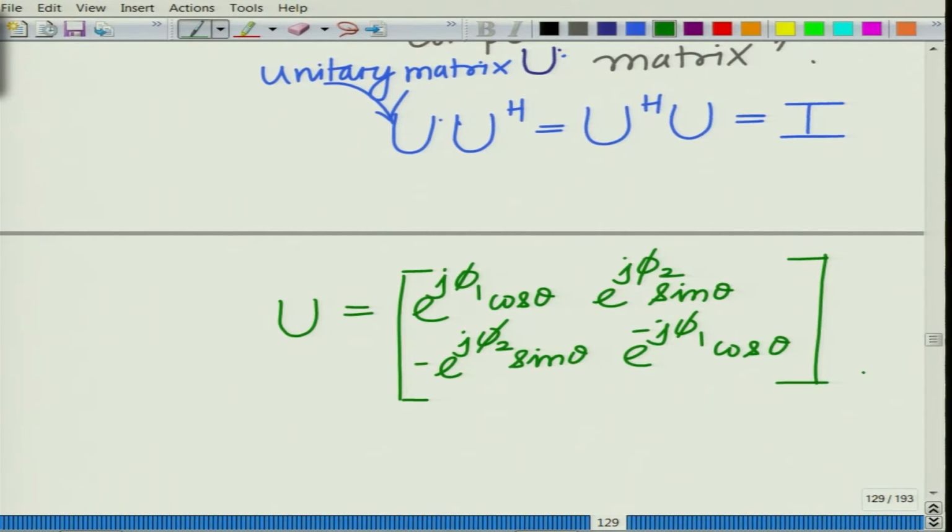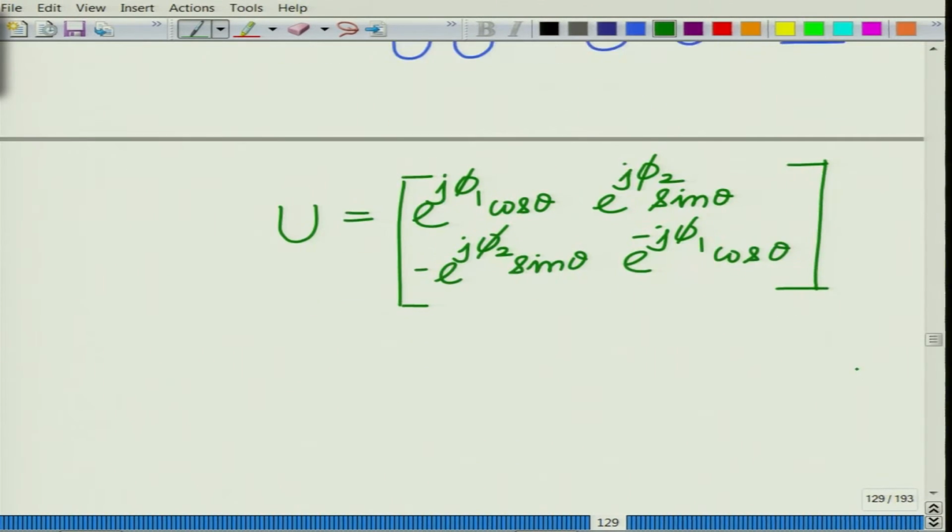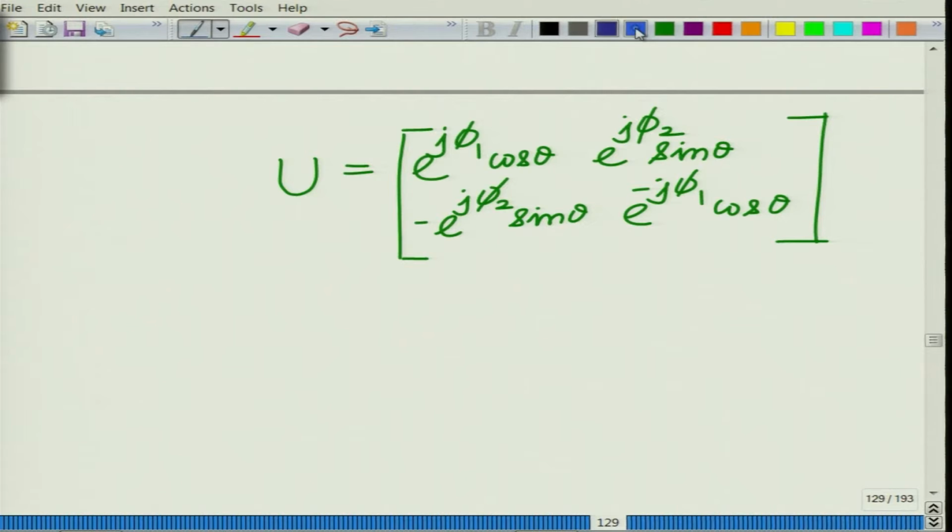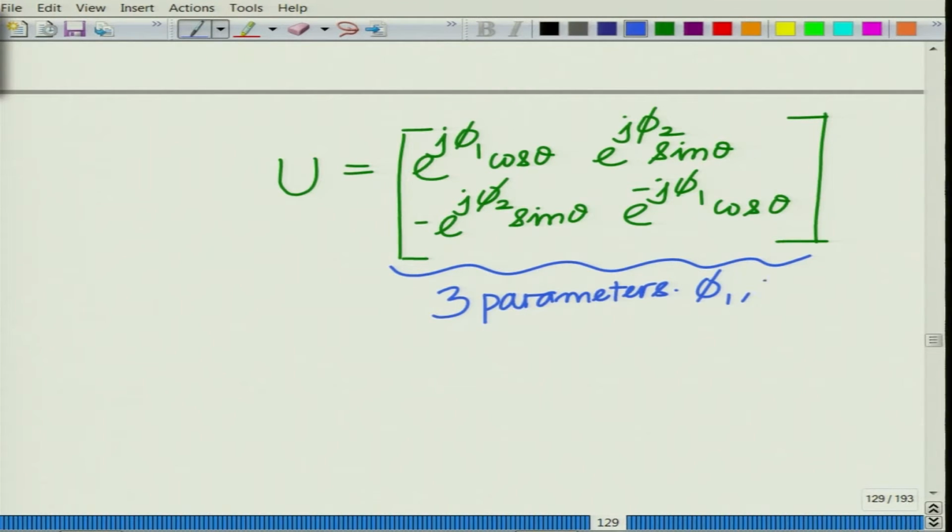You can see this depends on 3 parameters, phi 1, phi 2, theta. This is the matrix that depends on 3 parameters. And you can once again check U Hermitian.